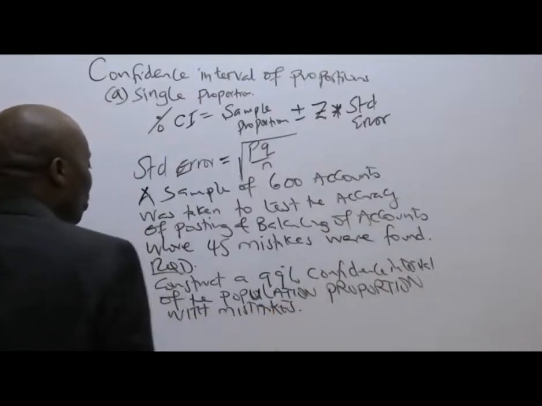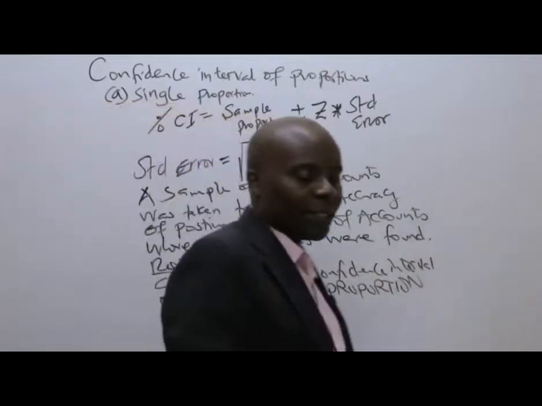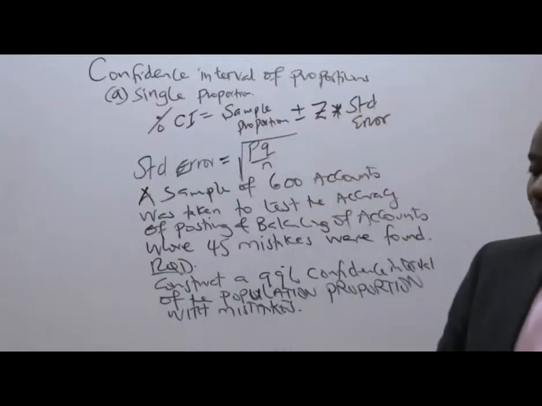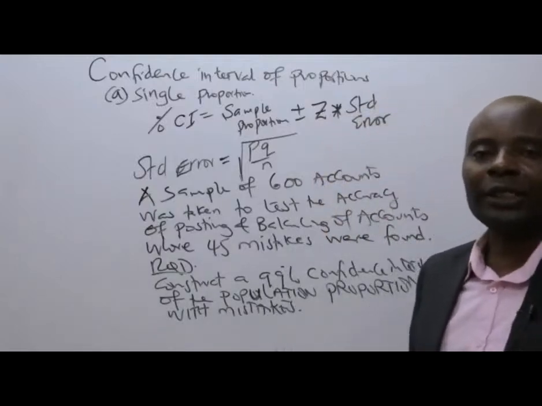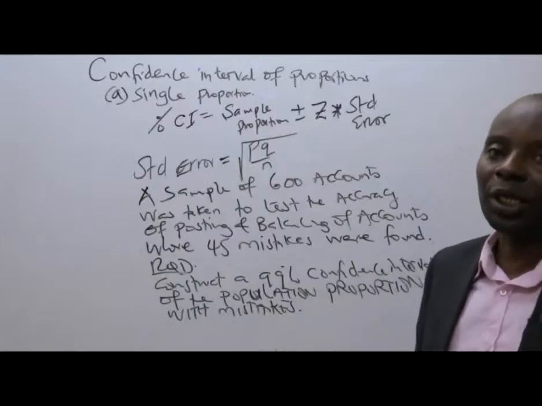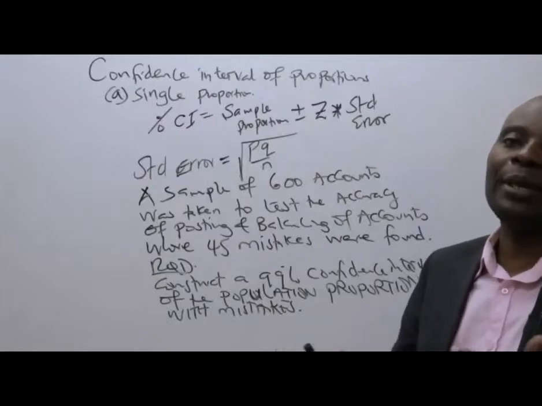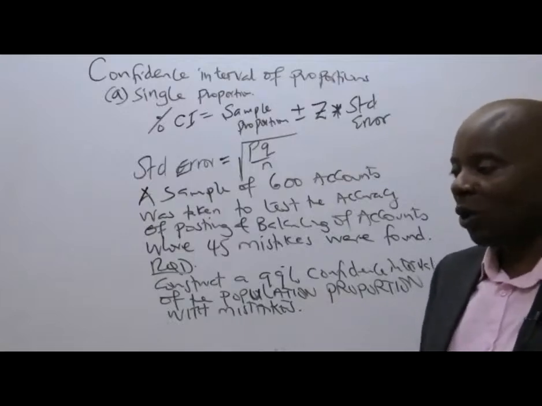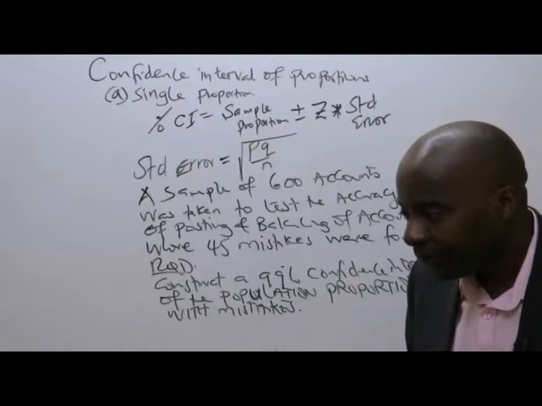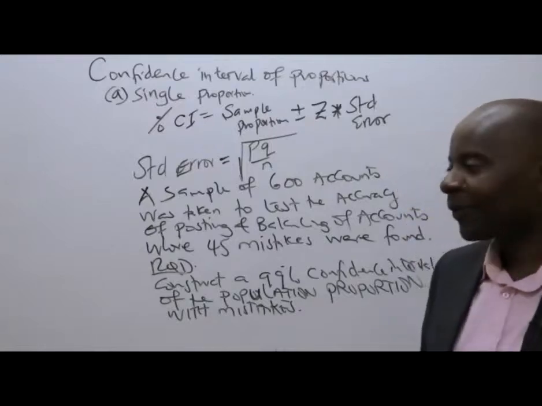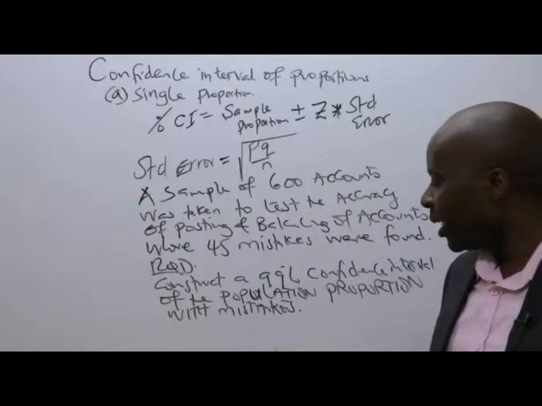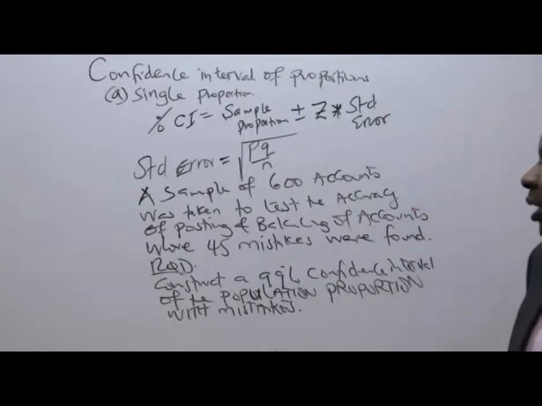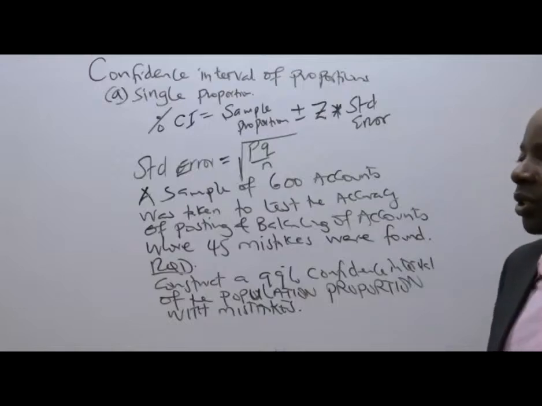So for us to know the kind of audit techniques we shall be using, we would want to know the population mistakes. Where do they fall? What magnitude am I looking at? So construct a 95% confidence interval of the population proportion with mistakes.